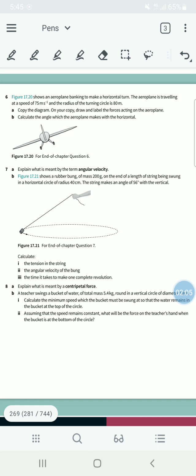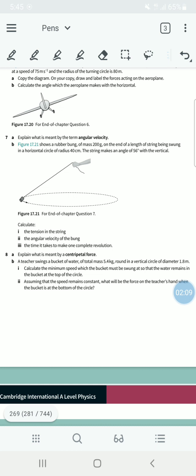Then 7b, figure 17.21 shows a rubber bung of mass 200 grams on the end of a length of string being swung in a horizontal circle of radius 40 centimeters, the string makes an angle of 56 degrees with the vertical. Calculate the tension in the string, the angular velocity of the bung, the time it takes to make one complete revolution.